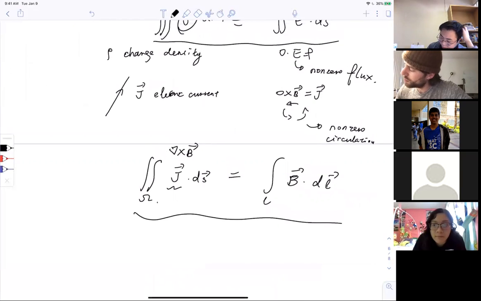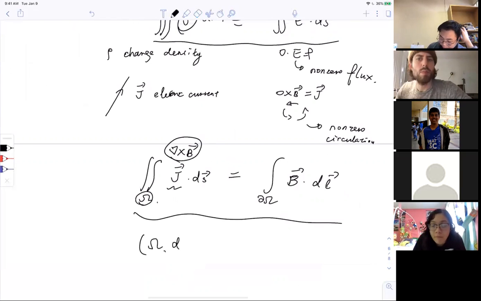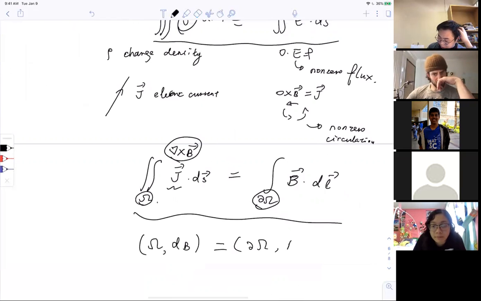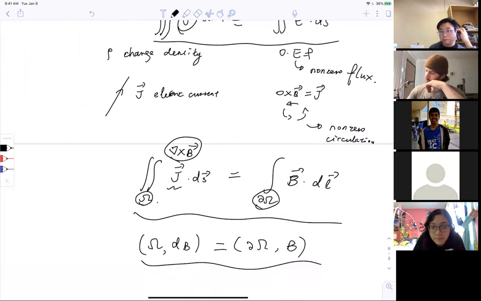By the way, this loop can be written as the boundary of this region omega. Then you can say this is omega, this is dB. This is partial omega, this is B. Again, you have such an equation.